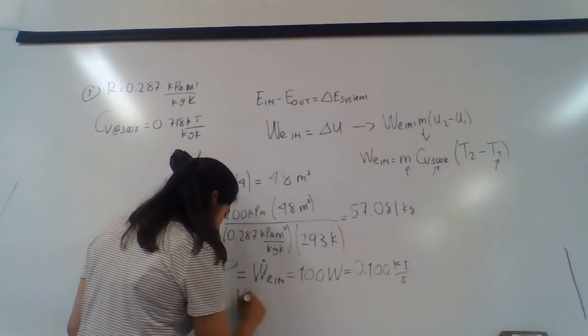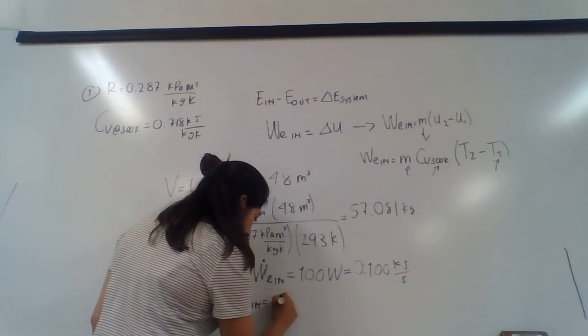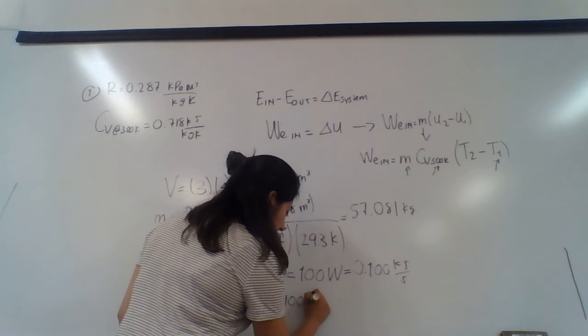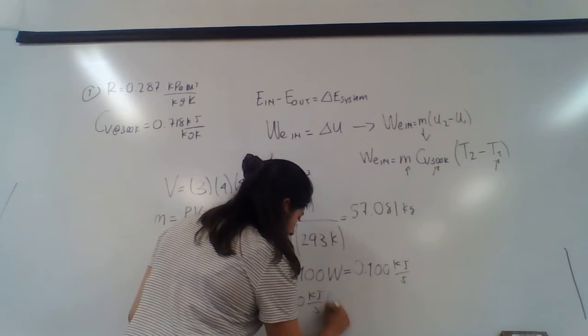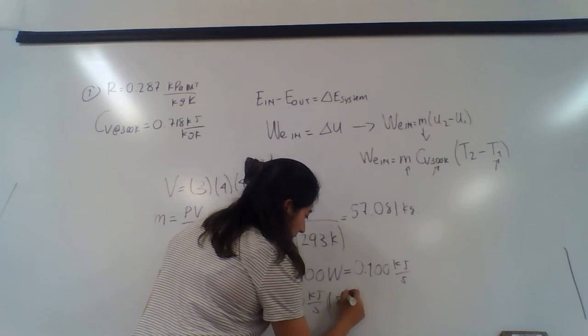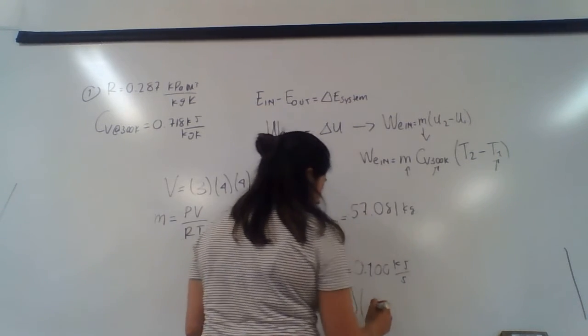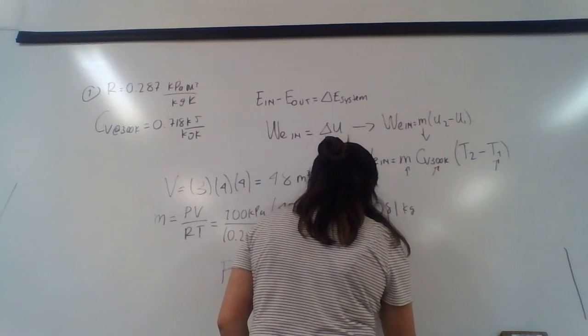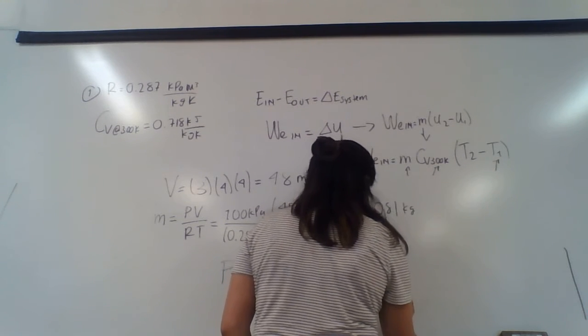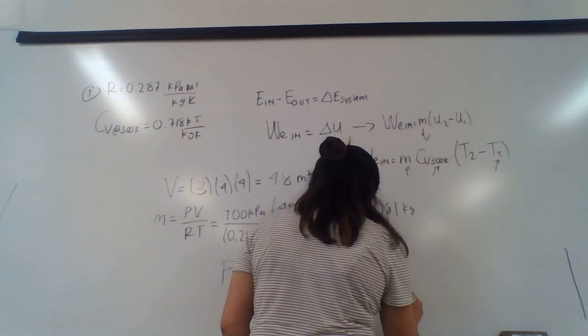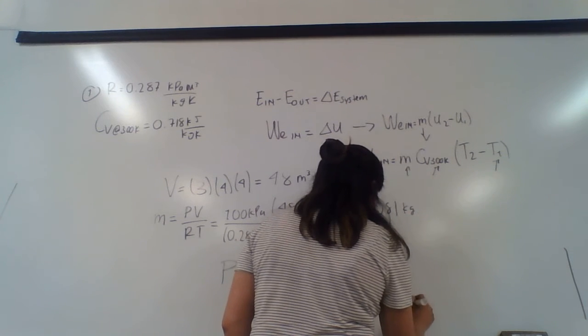So the electrical work going in equals 0.100 kilojoules per second, but we have 8 hours, so we have to convert it to seconds. 1 hour has 3,600 seconds.